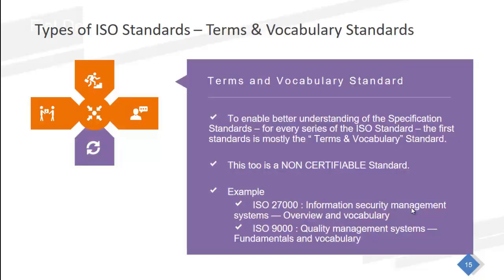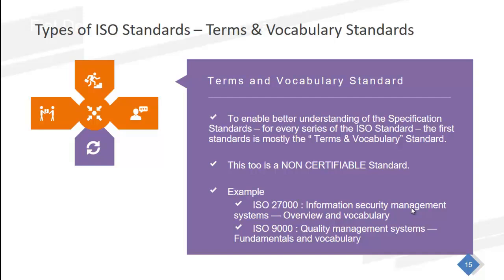The third category is the terms and vocabulary standard. To enable better understanding of specification standards, for every series of ISO standard, the first standard is mostly the terms and vocabulary standard. This too is a non-certifiable standard. For example, you have ISO 27000 and ISO 9000.